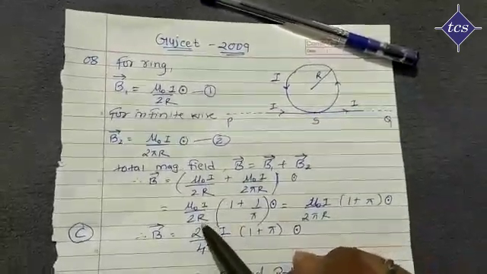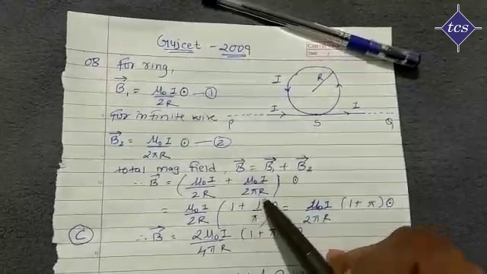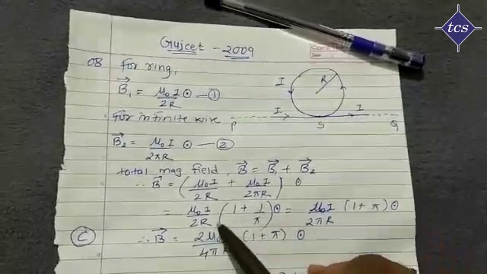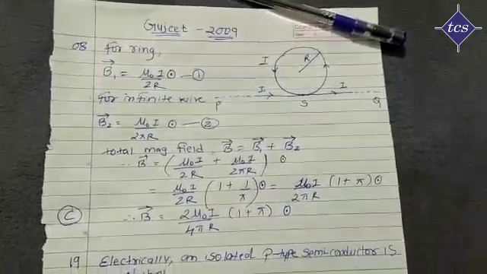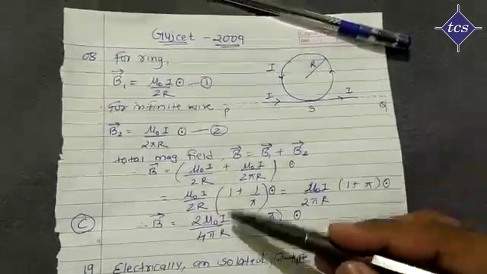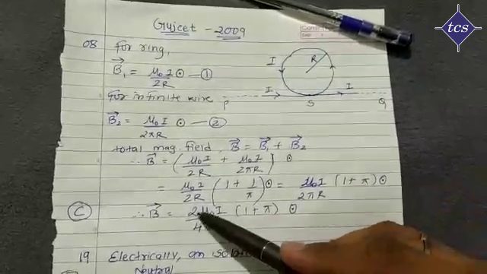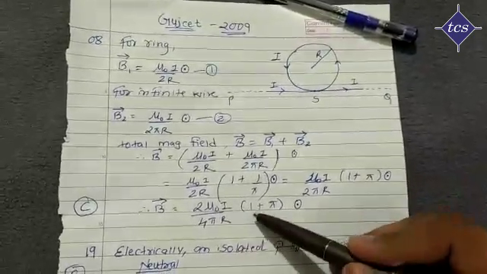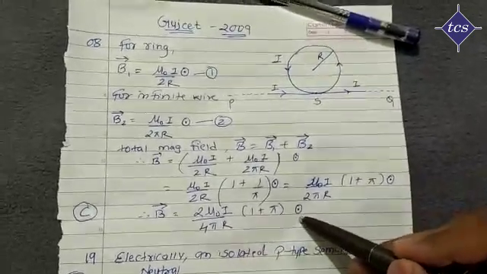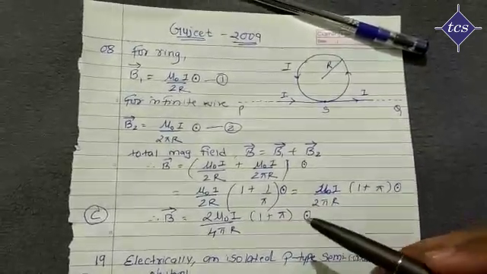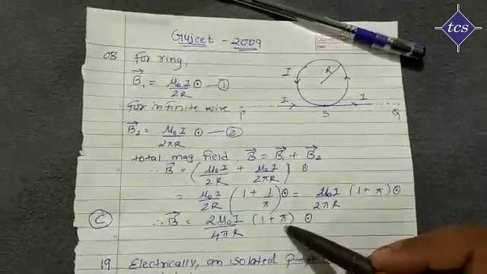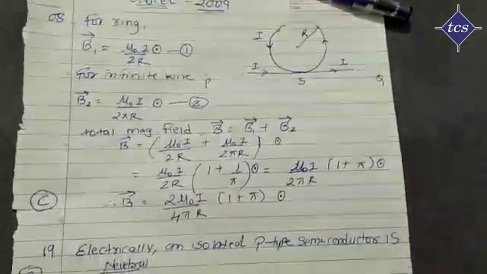Taking mu 0 I upon 2r common, that will be 1 plus 1 by pi. Taking the ratio of pi, that will be mu 0 I upon 2 pi r into bracket 1 plus pi. Now multiplying and dividing by 2, that will be 2 mu 0 I upon 4 pi r into bracket 1 plus pi, and the circle with a dot indicates the resultant magnetic field will be in the vertically upward direction. So the correct option will be C.